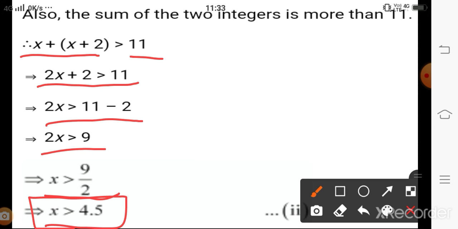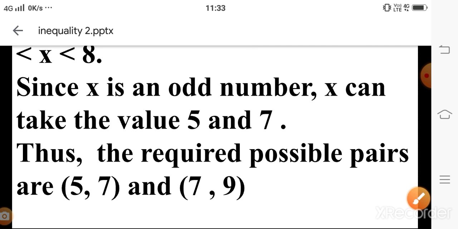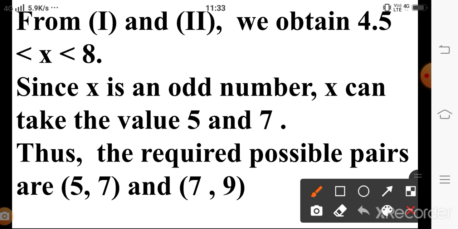From the previous one, we are getting x is less than 8, and from this one x should be greater than 4.5. If you combine these, then the odd numbers which are greater than 4.5 but less than 8, these two numbers we are getting 5 and 7.